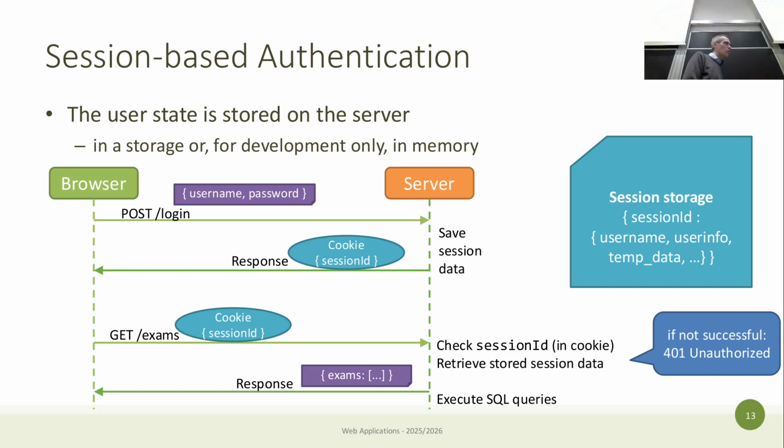How do we use it to create an authenticated session? Here you see the interaction between the client, which is the browser for us, and the server. At a certain point, we need to send a request that contains the credentials, username and password. We don't have the cookie yet because we're just accessing the website as we did until now.